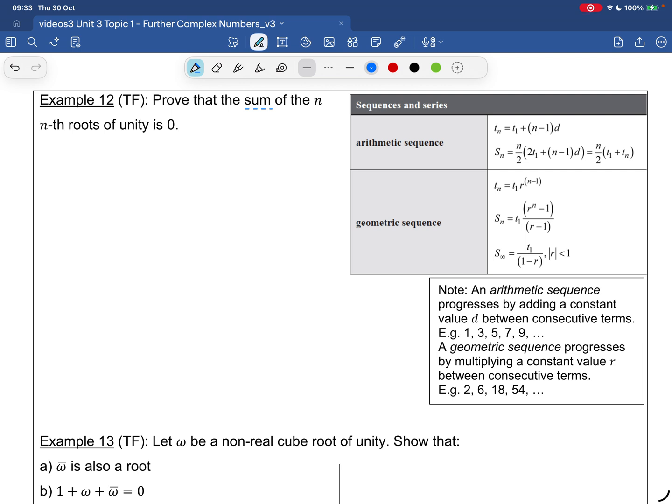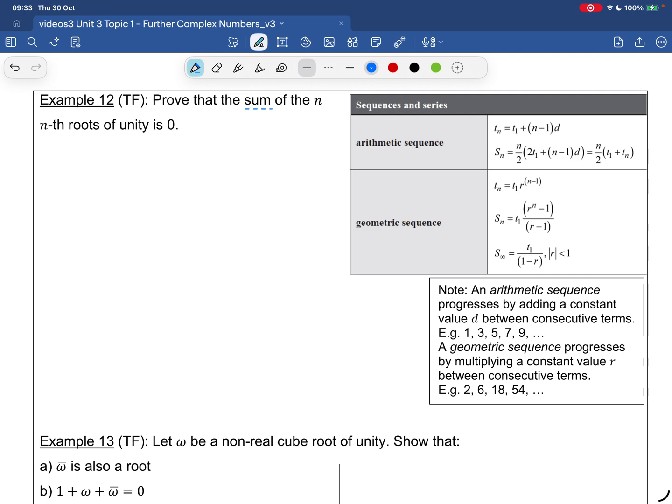But with a proof, it is useful to know that our nth roots of unity actually just differ by a common ratio of W, or omega.